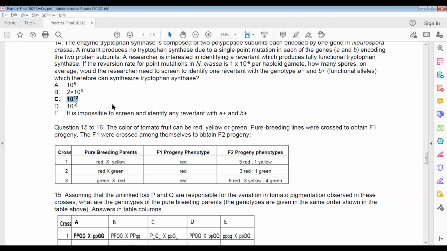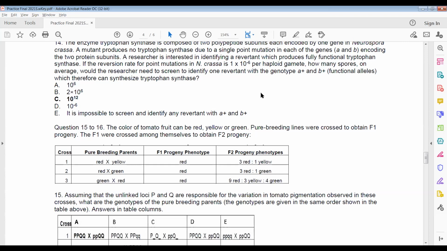So is that clear? Actually, I just asked the question in a different way. If I ask you what's the probability you're going to see a single progeny from this cross showing the wild type in both genes, that's the 10 to the minus 12.